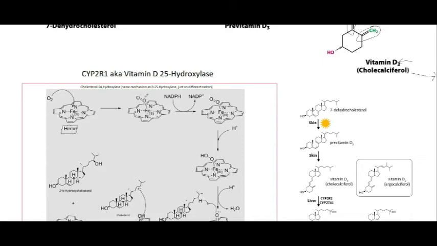So now we have this oxygen bound to the iron in the heme group. Here comes this NADPH. This shows it reducing, but that doesn't make sense because this iron here is more oxidized. So this iron has been oxidized, but this shows it being reduced.